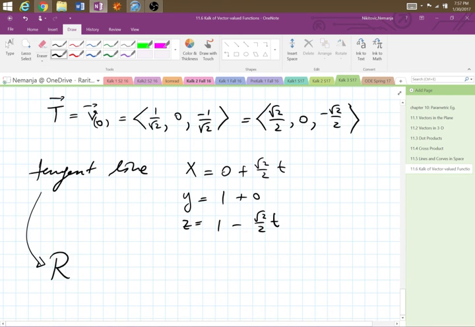Here, capital R, whatever. And there it is. There's a 1 I missed. So this is the vector valued function. It's a straight line and it's a tangent line to the motion. Yes?